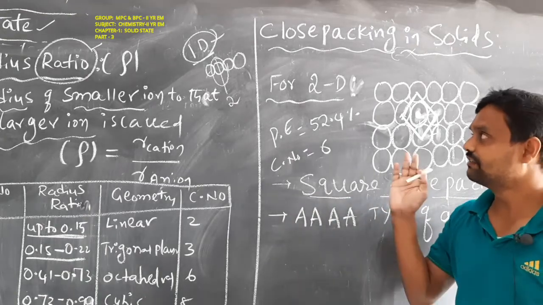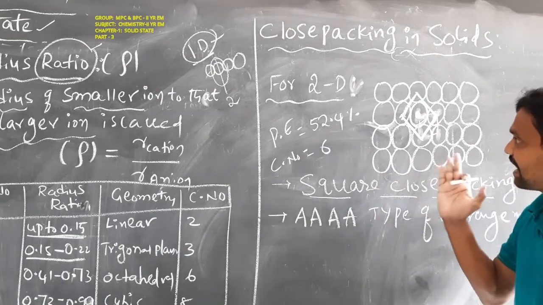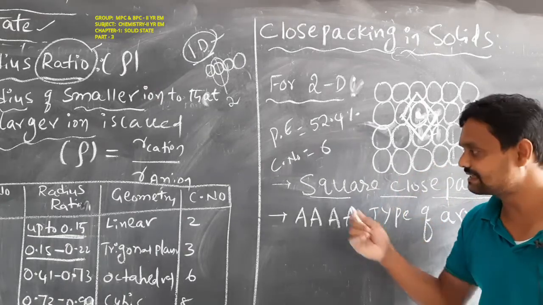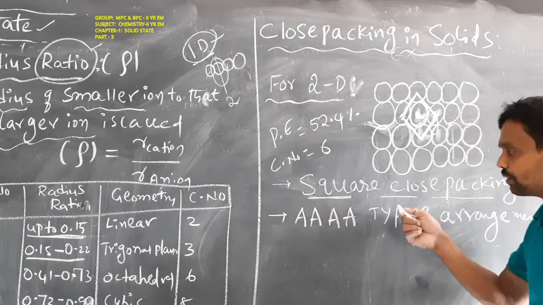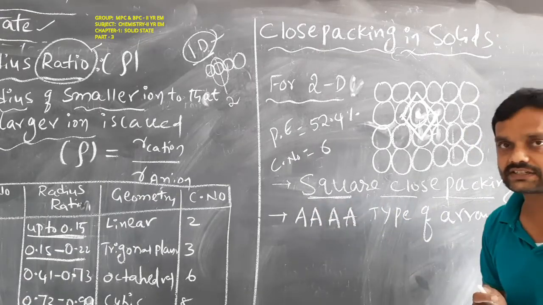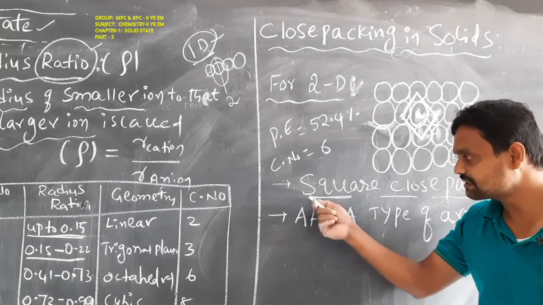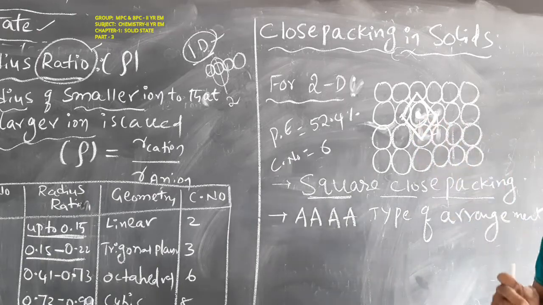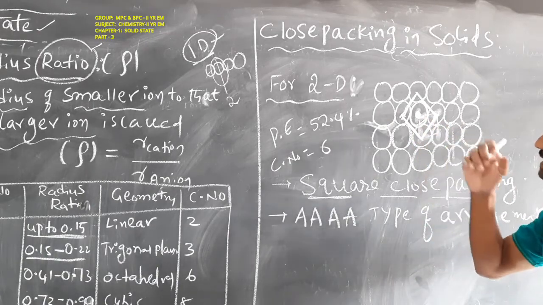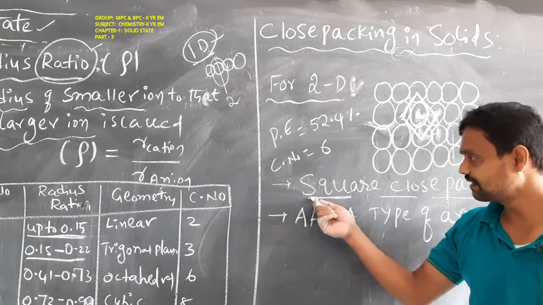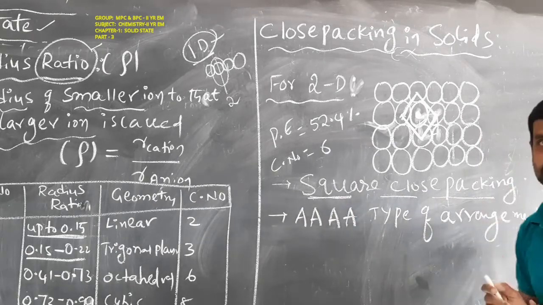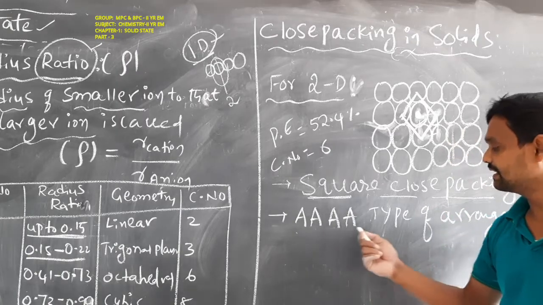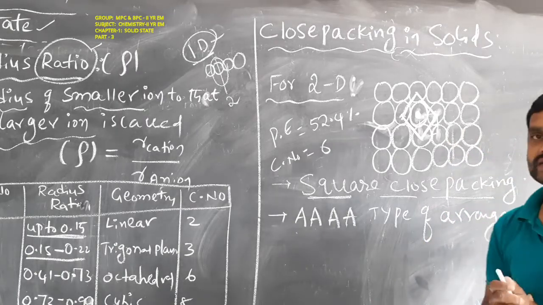For two dimensions, this arrangement's close packing name is given as square close packing. Clear, students? Why is it called square close packing? Because it appears as a square. It is also a type of arrangement of the atoms.